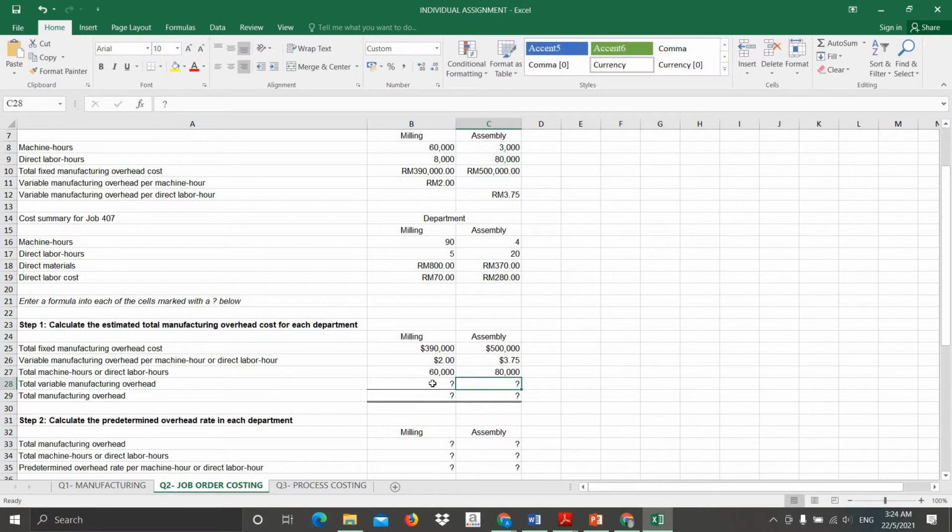So to get total variable manufacturing overhead, variable manufacturing overhead per machine hour times total machine hour.